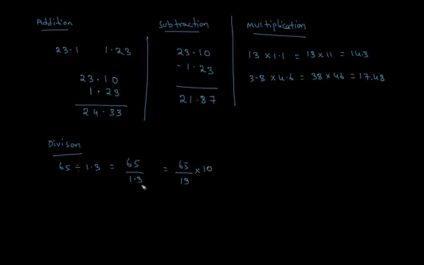If you have two decimal places, I mean, for example 65 by 1.32, then you need to remove the decimal and multiply by 100, right? This is the way you need to do with the decimals, right? Clear? Right. Now we will see different types of decimals, very important from the exam point of view.